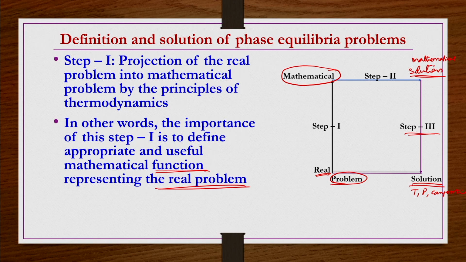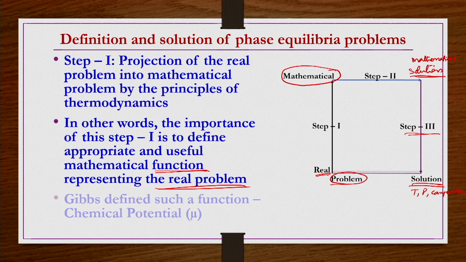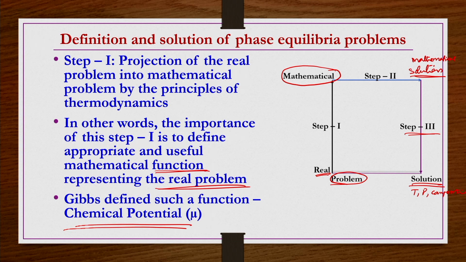Especially if there is chemical equilibrium, it is very difficult to have a mathematical function in terms of measurable properties, something like mole fraction or concentration, etc. And we have seen that the mathematical function is nothing but the chemical potential if chemical equilibrium exists amongst the phases. Okay. This was disclosed by Gibbs, that is, Gibbs defined such a function as chemical potential.